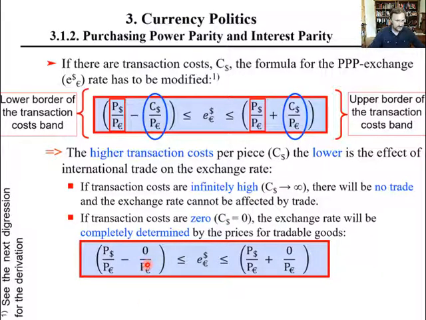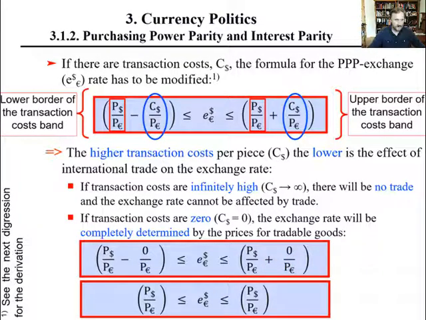Then this fraction disappears on both sides of the equation, and we observe that the actual exchange rate must be larger or equal to the purchasing power parity relationship and smaller or equal to the purchasing power parity relationship.